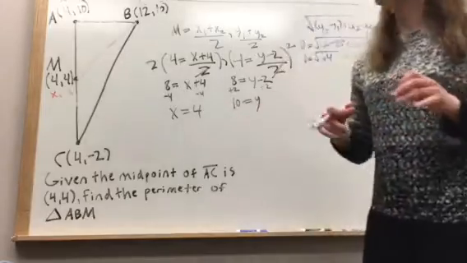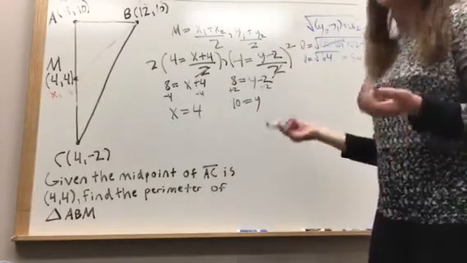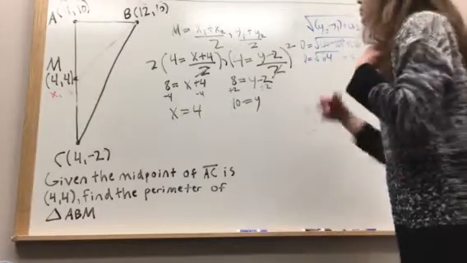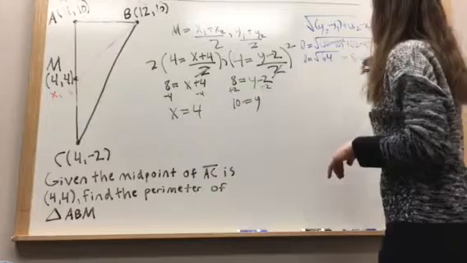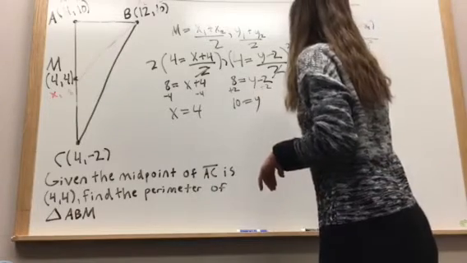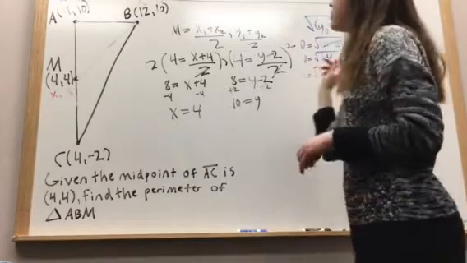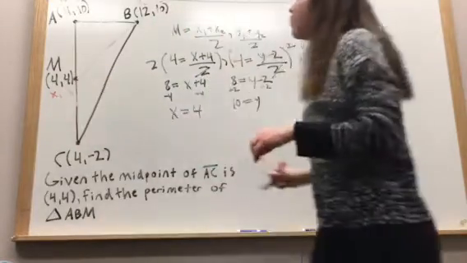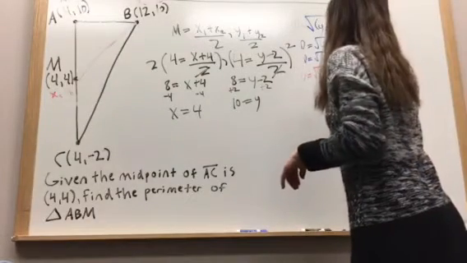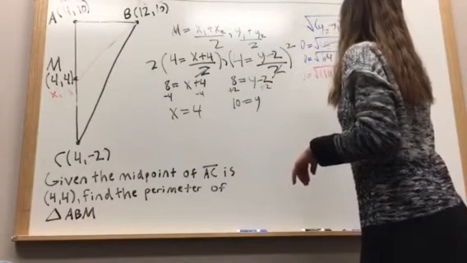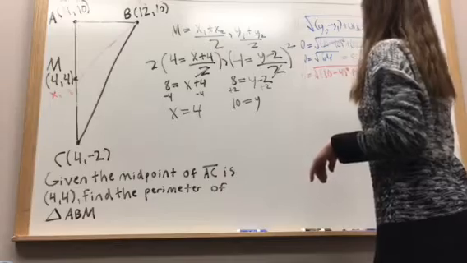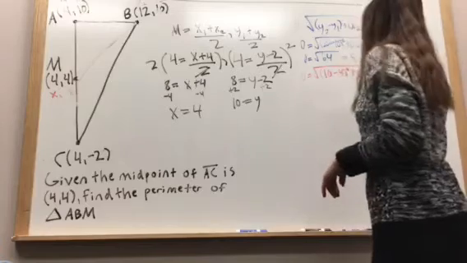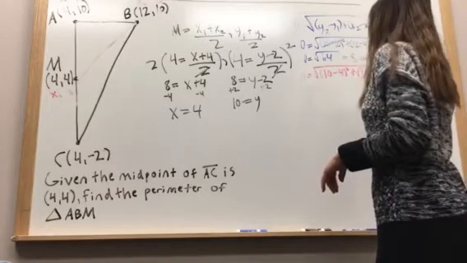Just switching up, remember that you could do this either way you'd like to. Subtract x sub 1 from x sub 2, y sub 1 from y sub 2, it really doesn't matter, whatever you prefer. I'm just going to follow the same formula up here. So distance here will be the square root of y sub 2 minus y sub 1, 10 minus 4, squared, plus my x sub 2 minus x sub 1, so 12 minus 4, squared.